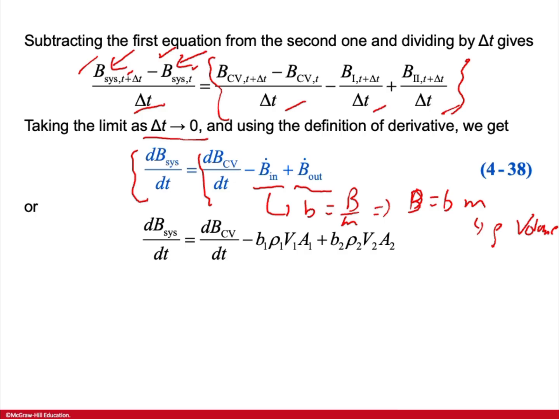But here you are not concerned with just B, but B dot, which is the time rate of change of B. That is given by small b times density times velocity times area. So velocity times area gives you the flux, or the amount of this mass entering and leaving the control volume, and at what rate it is leaving, right? Because it's also dependent on time.